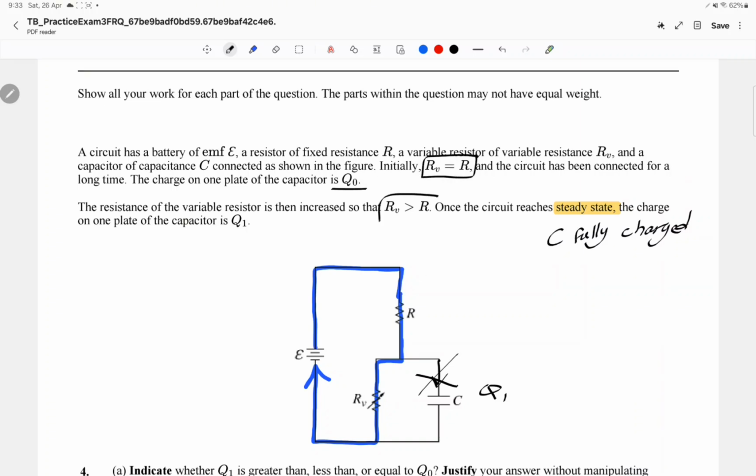But then RV becomes more than R and becomes Q1. So look, when the RV is equal to R, it's Q0. When the RV is bigger than R, it is Q1.